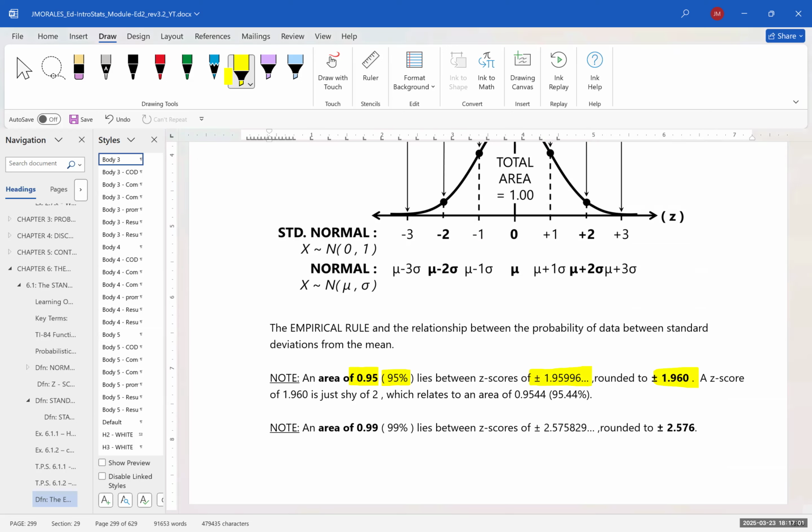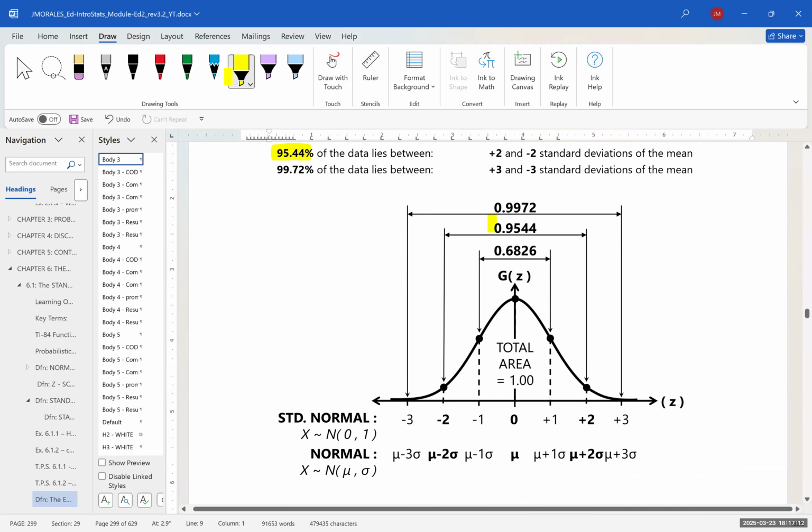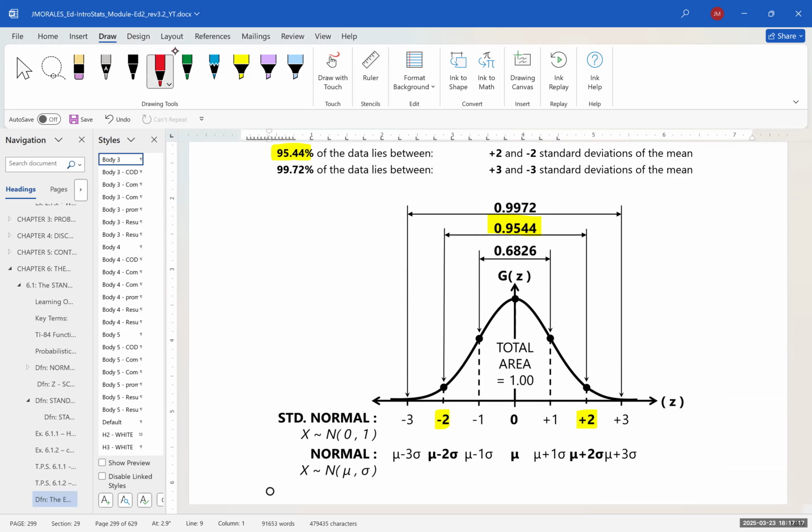And 1.960 is just shy of 2, which relates to an area of 95.44%. So 95.44% is between -2 and +2. If you want an area that is exactly 95%, then you need to cut it off at positive 1.96 and negative 1.96. And the area between those two z-scores will be 0.95 even.